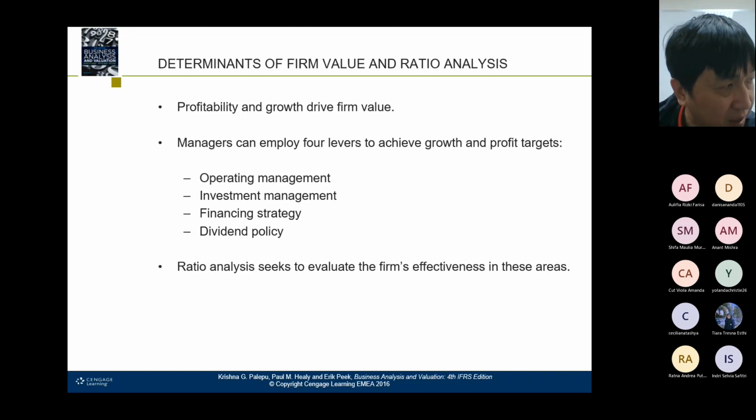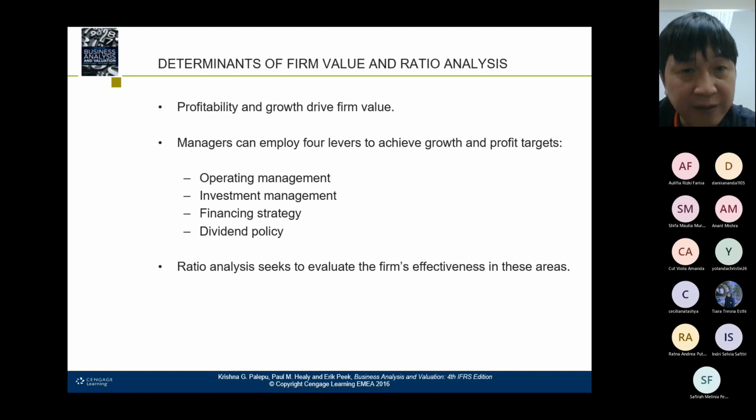You may have memories from some videos that introduced how we can determine firm value. You can recall that from the slide. The first is profitability and growth: profitability from the operating activity and growth from your investing activity. These driving factors can drive the firm value.